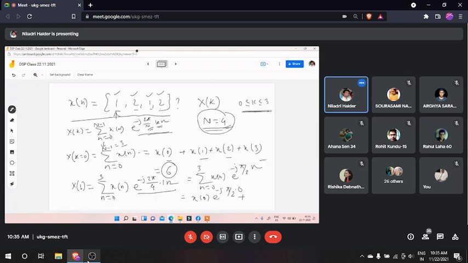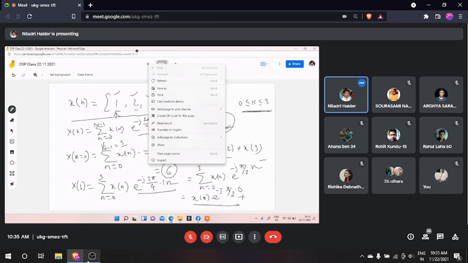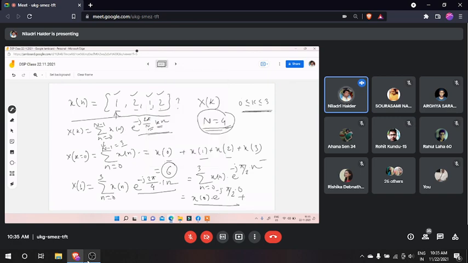So first value will come x0 into e to the power 0. Second value will come x1 into e to the power minus j pi by 2 into 1, or e to the power minus j pi by 2.